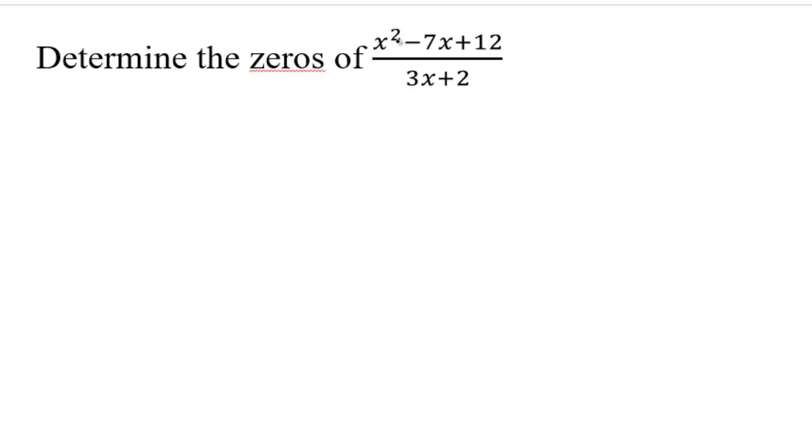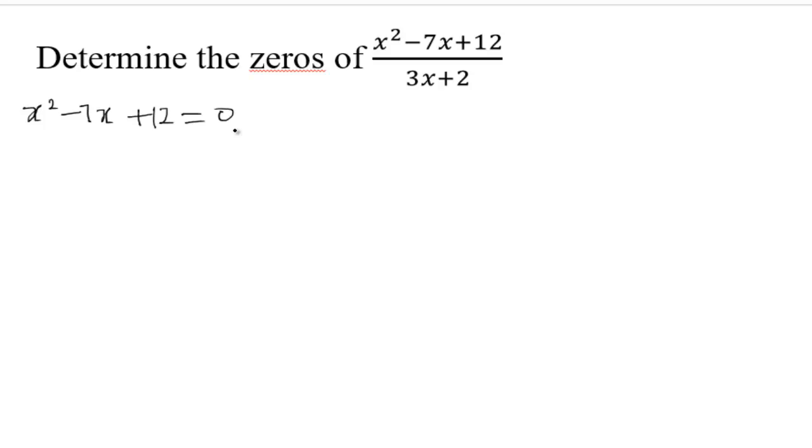The numerator here is x squared minus 7x plus 12, so x squared minus 7x plus 12 is equal to 0. Now we find the product of the coefficient of x squared and the constant term 12. The coefficient of x squared is 1 and the constant term is 12. So 1 times 12 is 12.